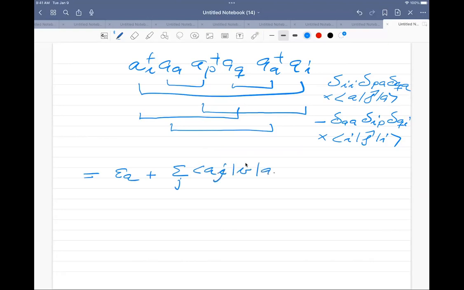So this should be j, anti-symmetrized. And then I have a minus of epsilon_i minus j, and then I have ij of V ij, and this is an anti-symmetrized matrix element.